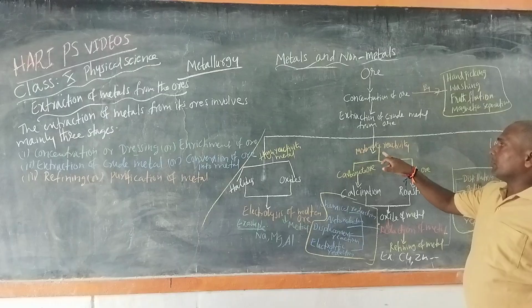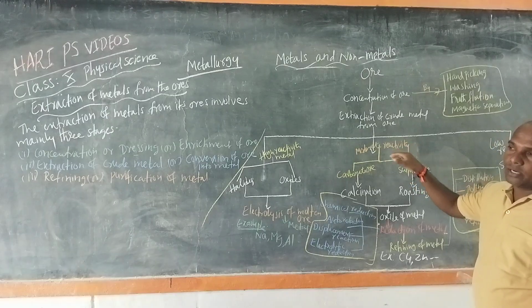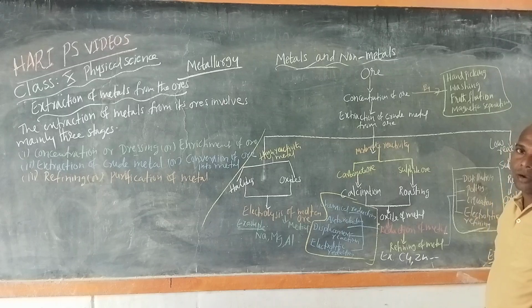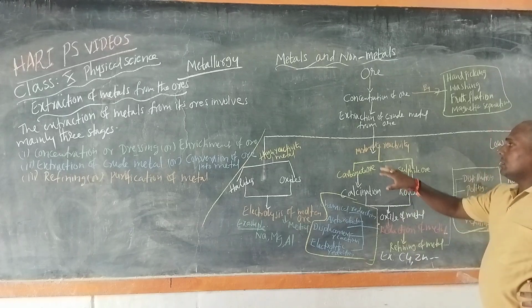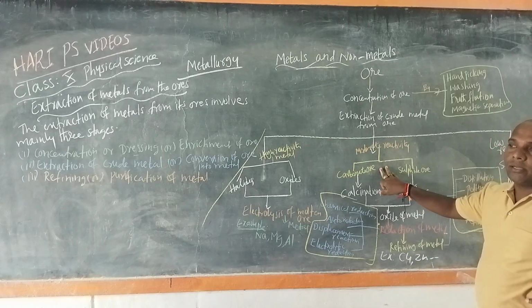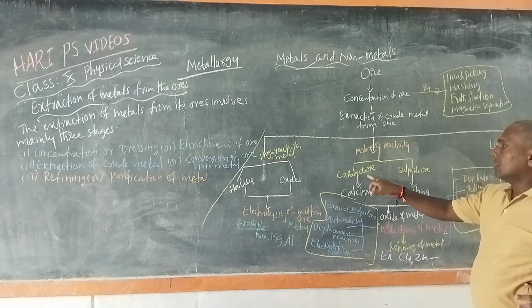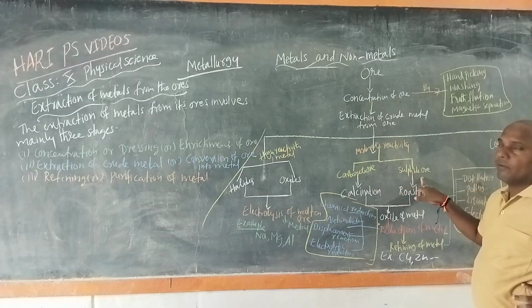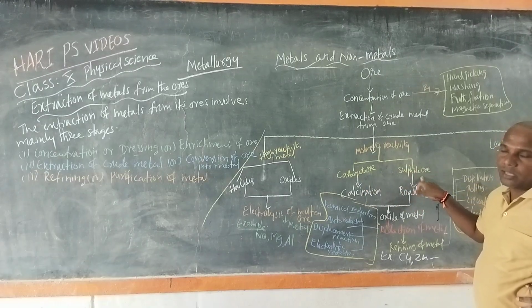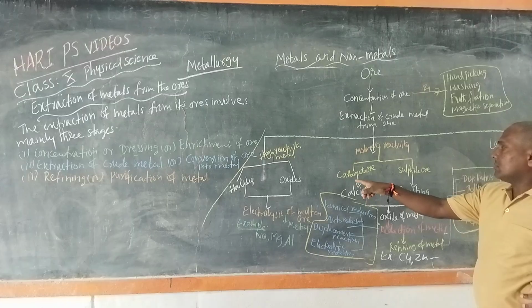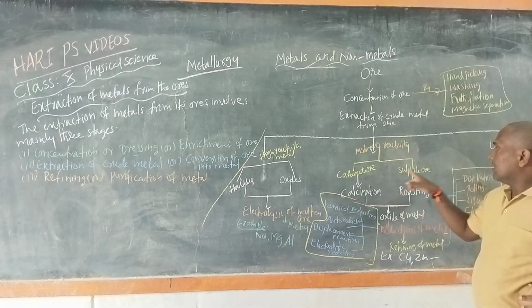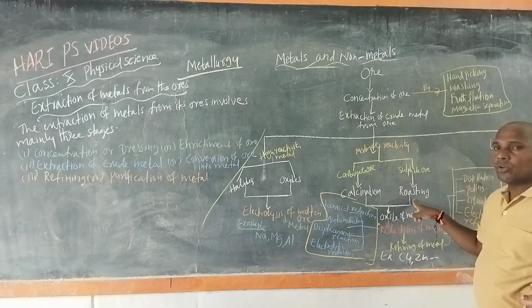Then coming to the medium or moderate reactivity metals, examples are copper and silver. These are available in the combined state as carbonate ores and sulfide ores. Carbonates are involved in the process called calcination, and sulfide ores are subjected to roasting.